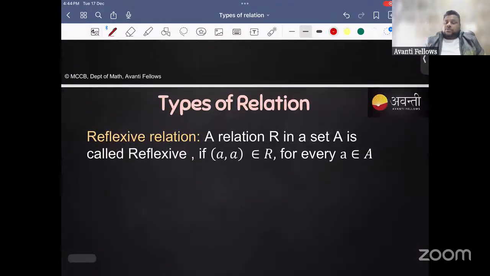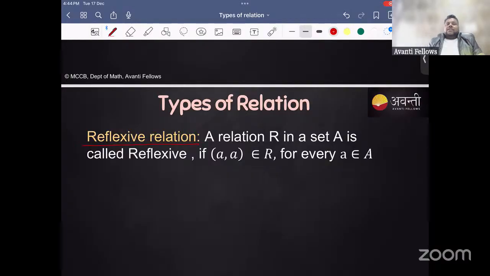Now, this is the most important part of this chapter. If 100 questions come from this chapter, 89 or 90 questions come from this particular portion only, that is types of relation: whether a relation is reflexive or not, symmetric or not, transitive or not. So first of all, let's go with reflexive relation.